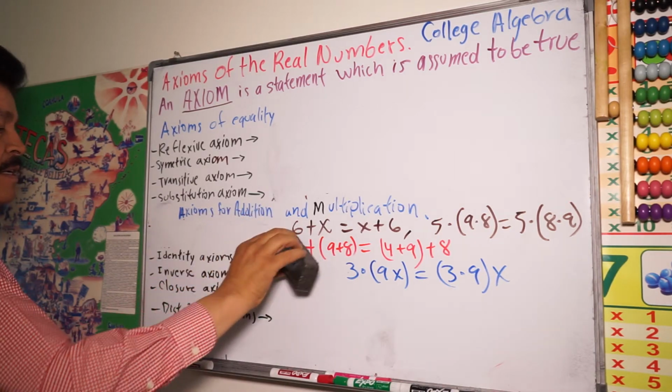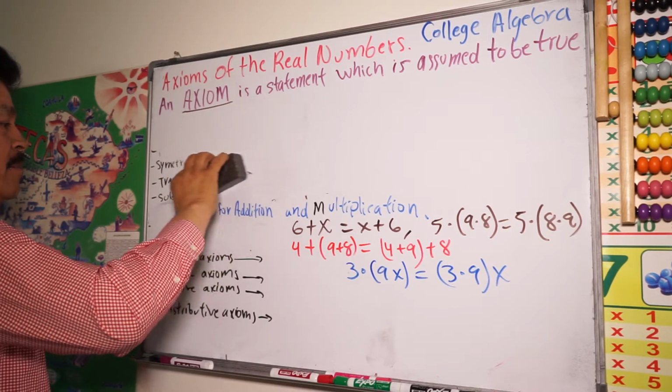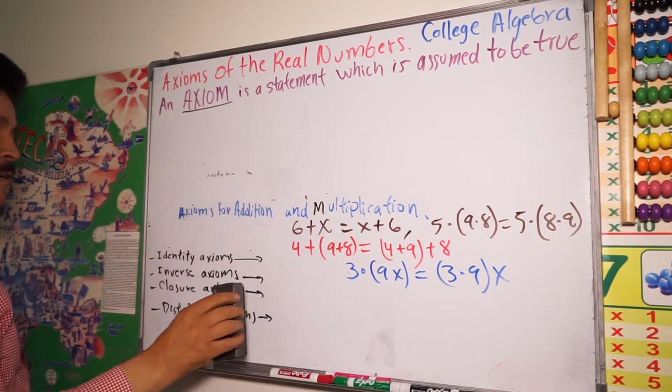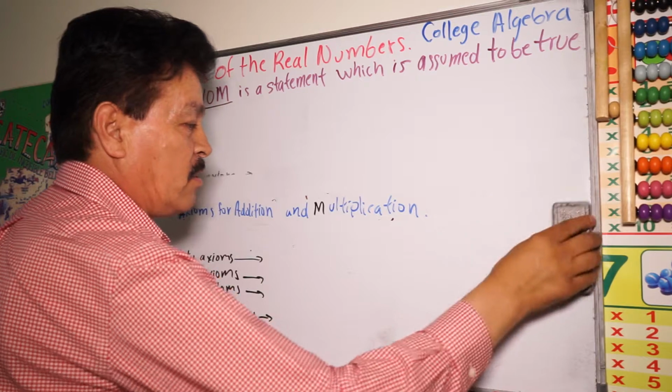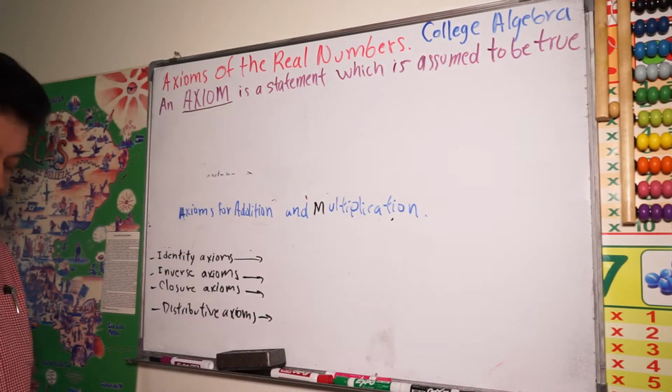So let's go to the next one. Let me erase it here. Identity axioms.